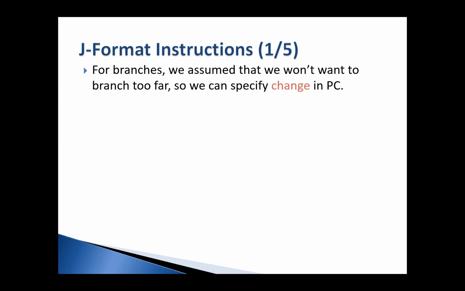But with JAL, you not only go to that label, but you also save the return address into RA. So only use JAL for function calls, okay? Because when you're at the end of the function, you will need to go back. So you need to use JAL to store the address. Okay? So this is branch in the lecture slide.